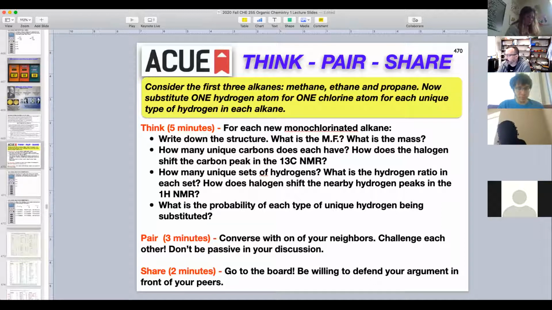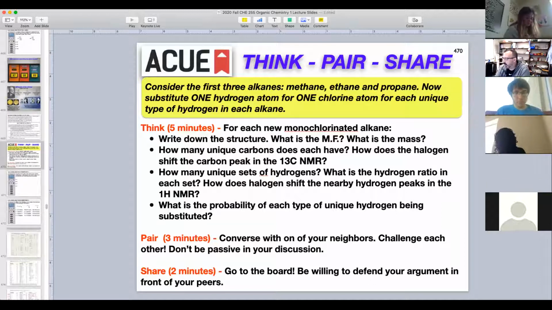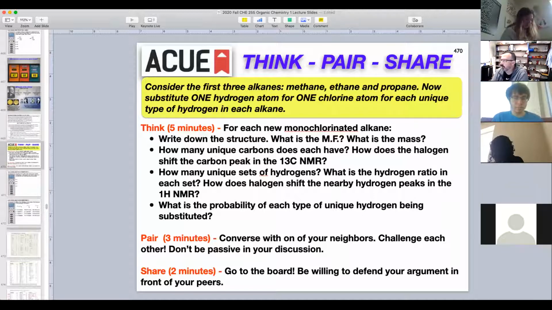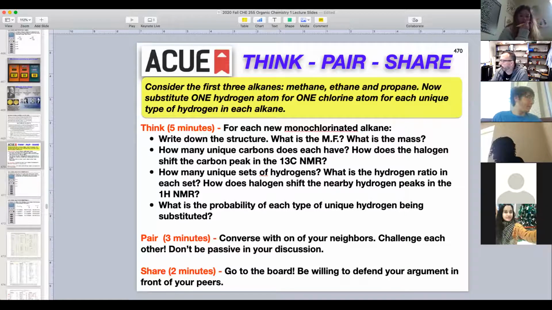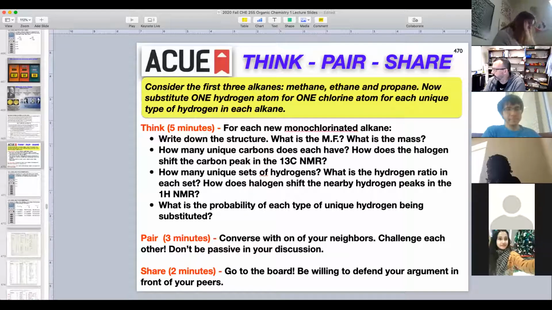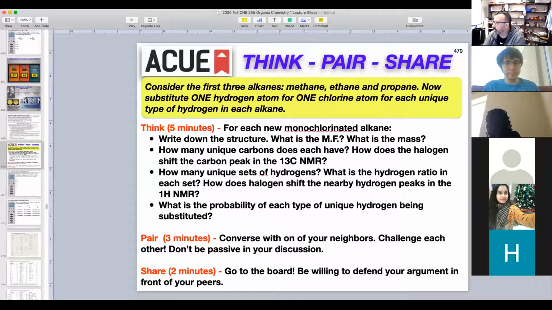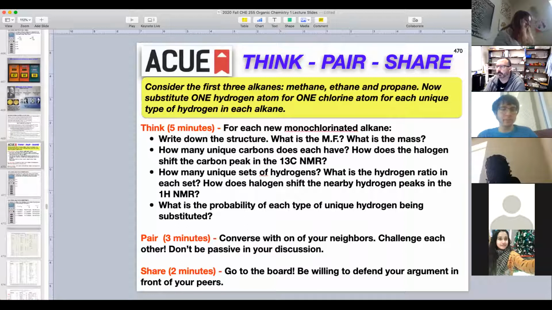Maybe what you can do is show what you wrote down for methane, or in the chat. So Carla, you might want to consider your molecular formula for methane again.